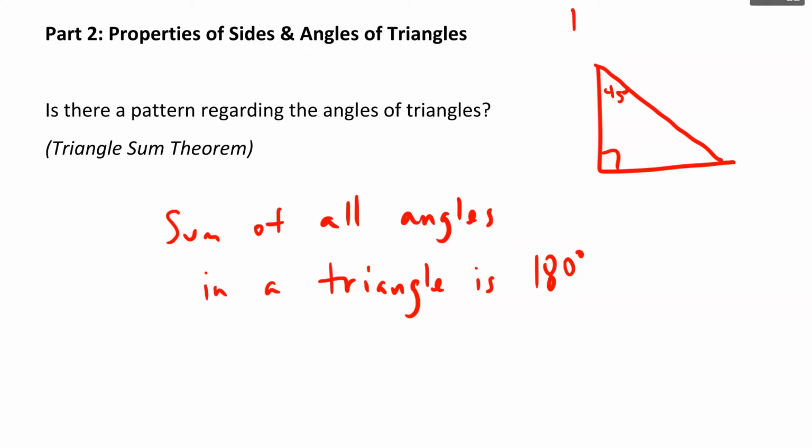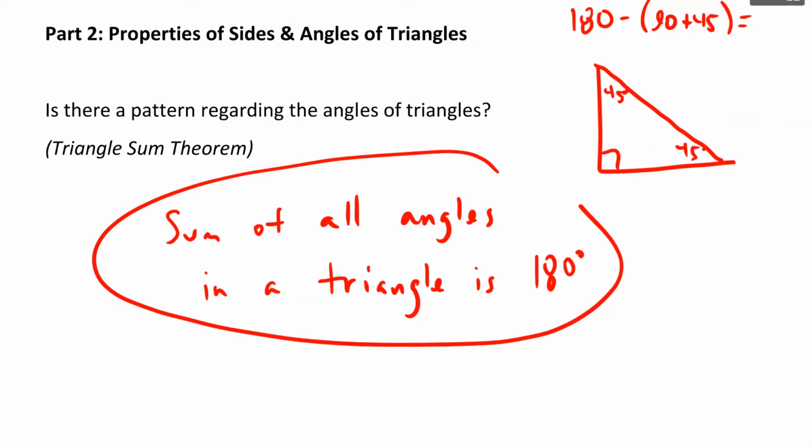So 180 minus the sum of 90 and 45 will give me my answer. And of course, once I do that, I'll find out that the other angle is 45 degrees. Or maybe they give me one as 30, one as 90, and then I can add the two together and subtract from 180 to find the third one is 60. And so all you really need to know is this right here, that the sum of all of the angles in any triangle is 180 degrees.